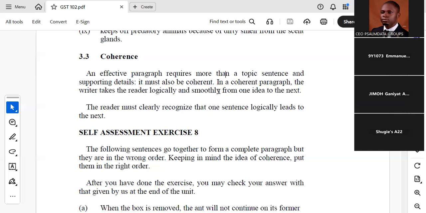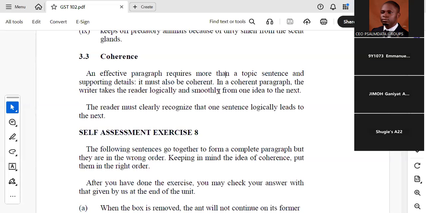So when you're arranging your ideas in a paragraph, coherence is like the logic you use in arranging it, so that you either start from the most simple step, moving towards the hardest one, or you start from the hard one going down to the simple one.